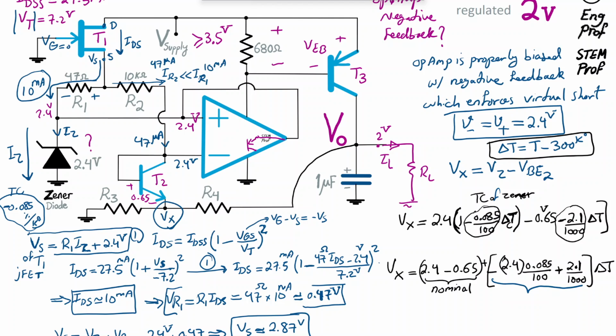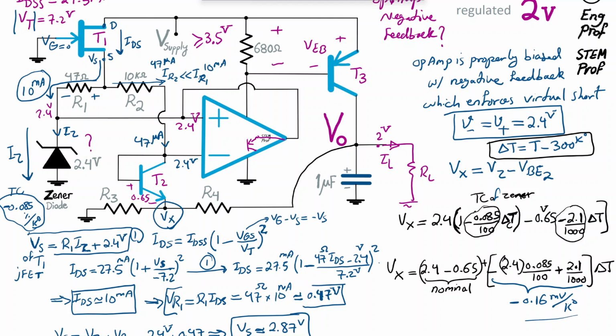So this delta, if you compute it, will end up being a very small value, on the order of plus or minus 0.15 or 16 millivolt per degree Kelvin.